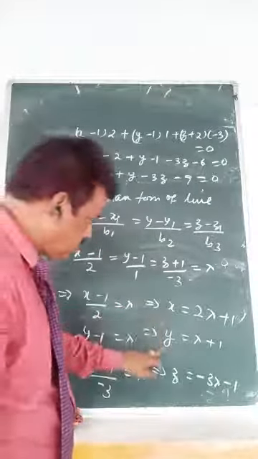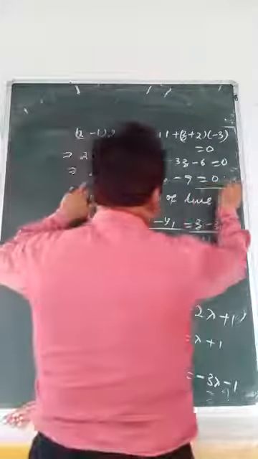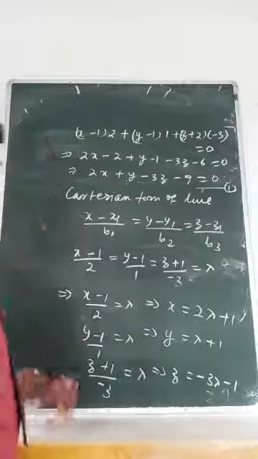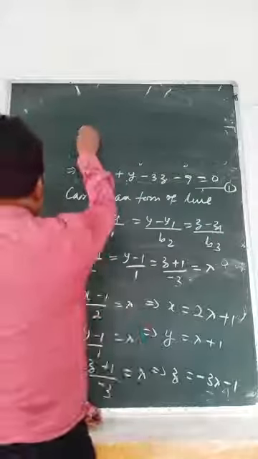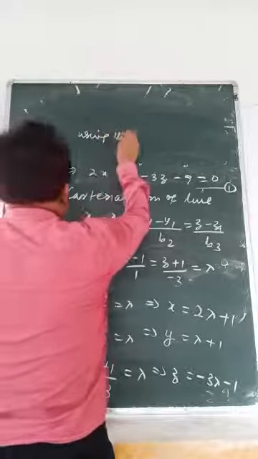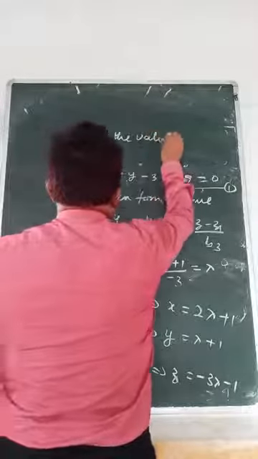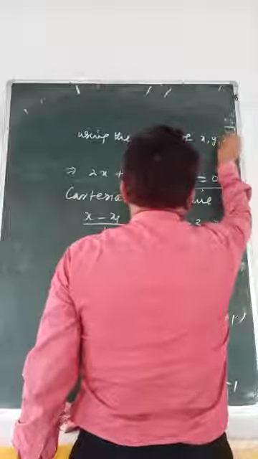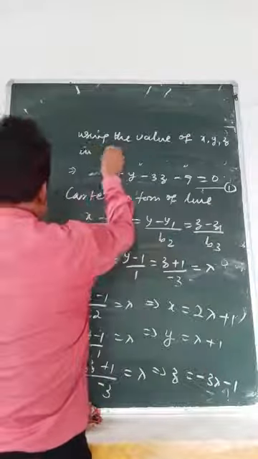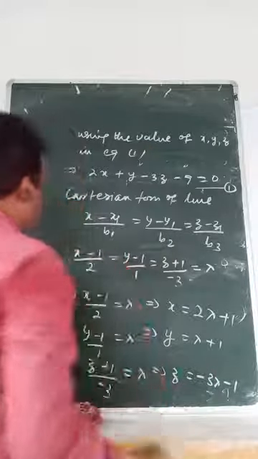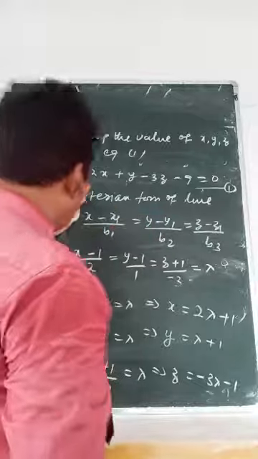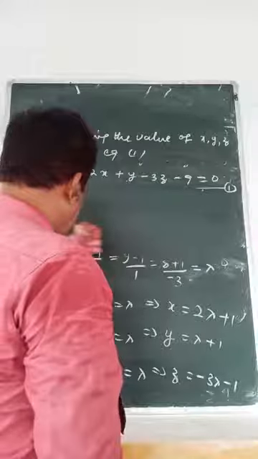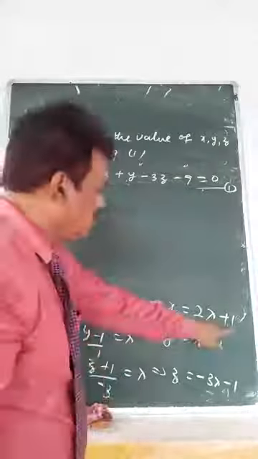So using x, y, z in your equation number 1, this one. What will you find? What is x? 2 lambda plus 1.